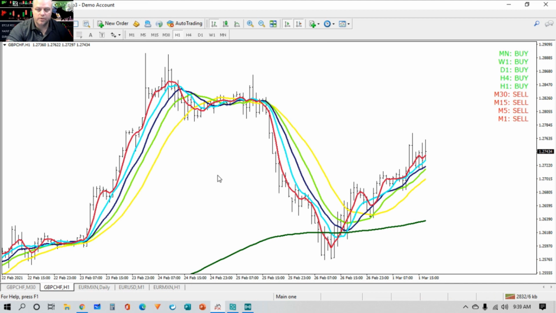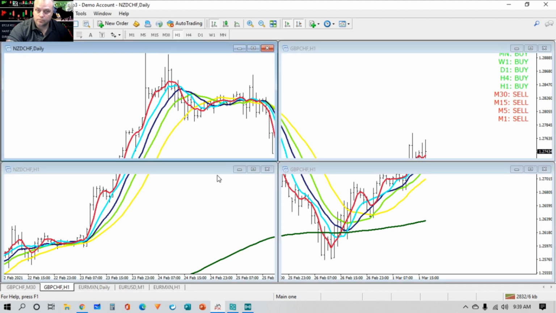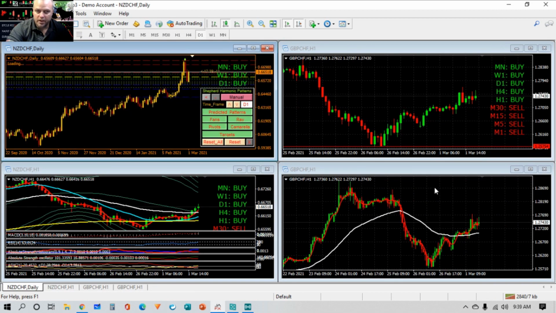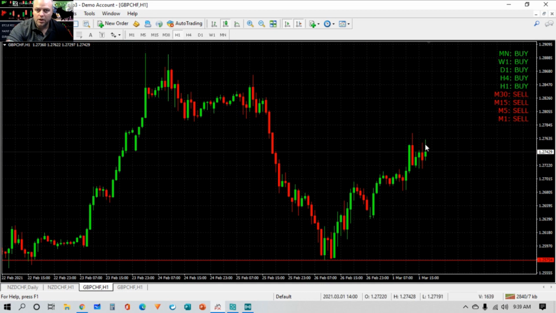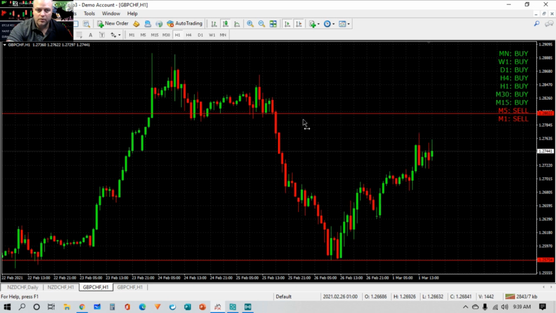So this way, get back to my other screen. This way, if, oh, that's right, I don't have it on this screen. But anyways, this way, if it hits the target price, which should be right. Do it on this one.